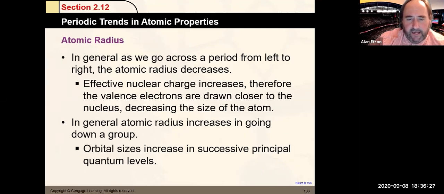We sort of got to this a second ago, but just to officially talk about it, the atomic radius, or size of an atom, does decrease as you go up and to the right on the periodic table and increases as you go left and down. For some of the reasons we've been talking about, as you go up and to the right, you have a greater positive charge, not as many electrons.